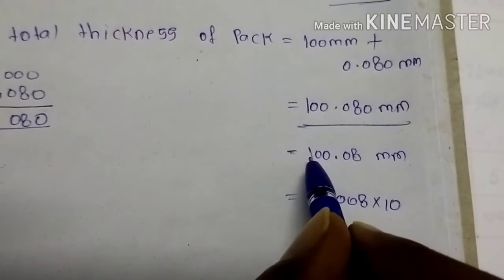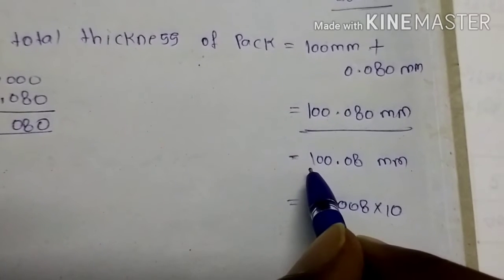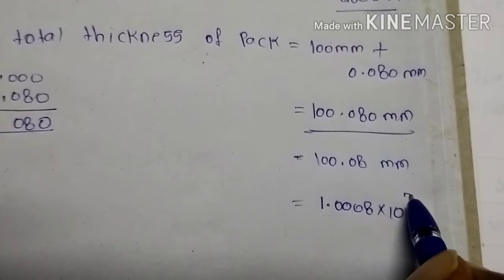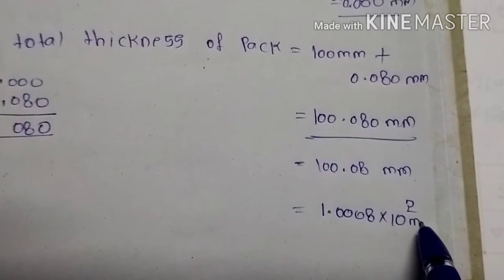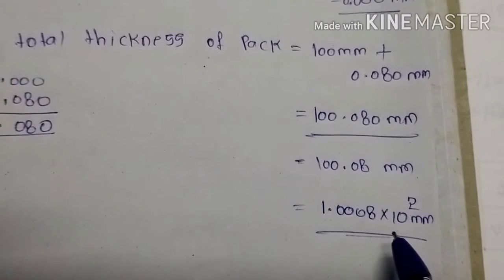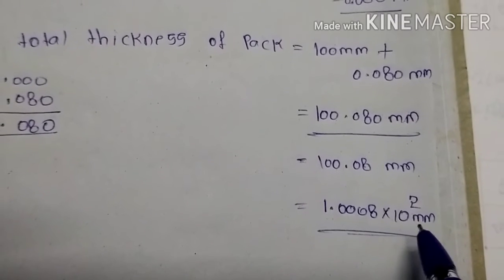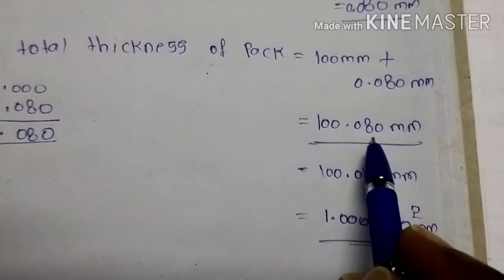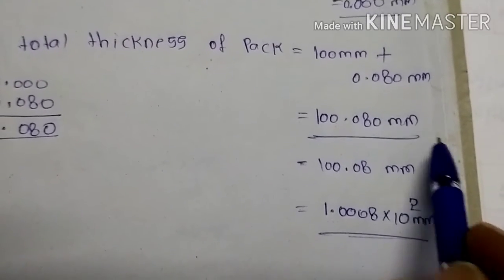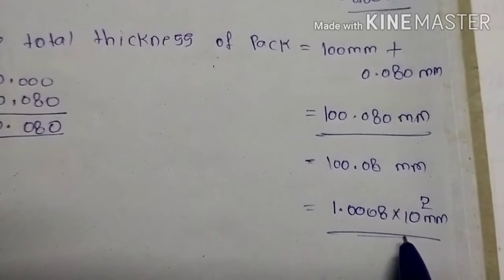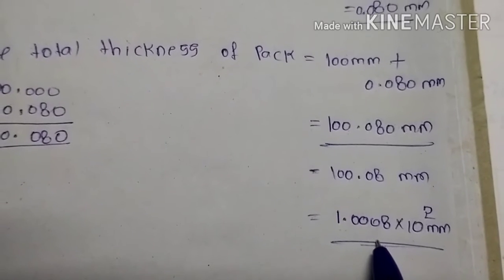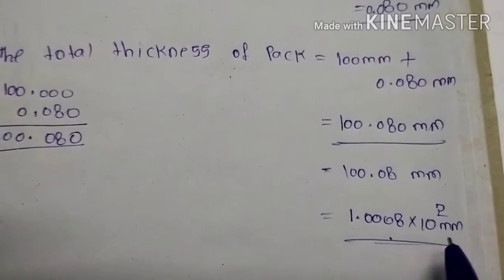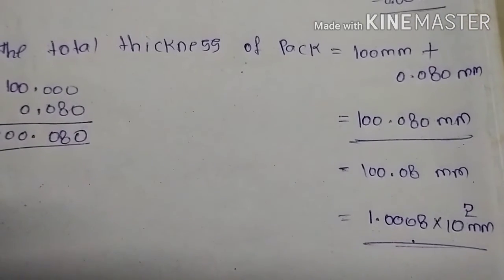That means the decimal point moves 2 places to the left, so you write 10 to the power 2 mm. 1.0008 into 10 to the power 2 mm is your answer. Even though writing 100.080 mm is also a correct answer, we can express the total thickness of the pack in standard form. This is your solution.